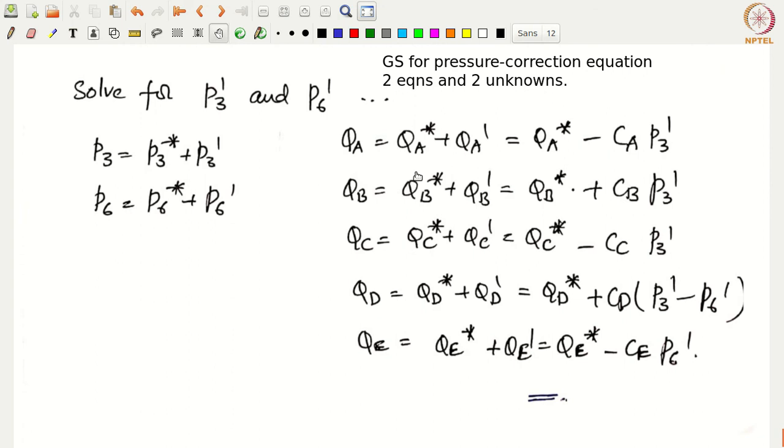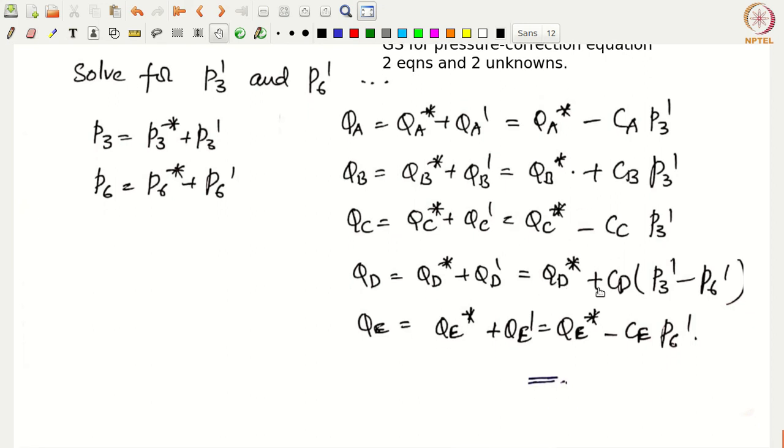Essentially QA equals QA star plus QA prime, where QA prime equals minus CA times P3 prime, because the contribution of P1 prime is 0. Similarly, QB equals QB star plus CB times P3 prime, QC equals QC star minus CC times P3 prime, QD equals QD star plus CD times (P3 prime minus P6 prime), and finally QE equals QE star plus QE prime, for which we can write minus CE times P6 prime.